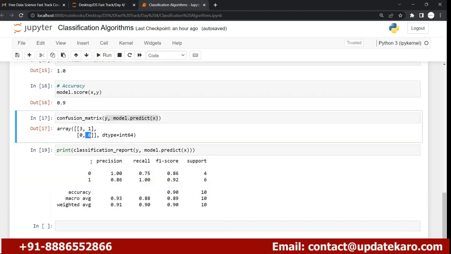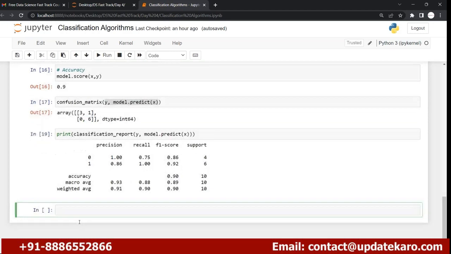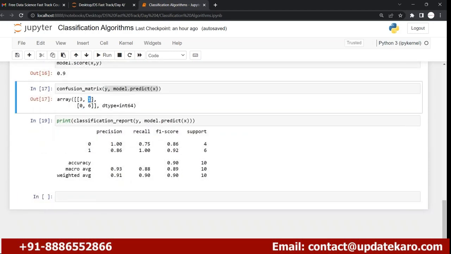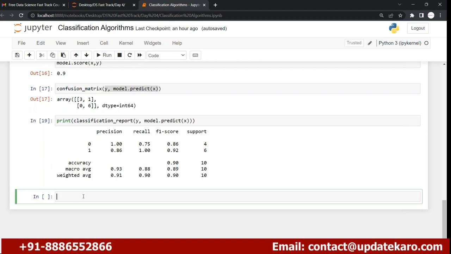These diagonal values are nothing but the correct predictions, right? And if we're talking about the non-diagonal values, if you sum them, you will find that one non-diagonal value is there.